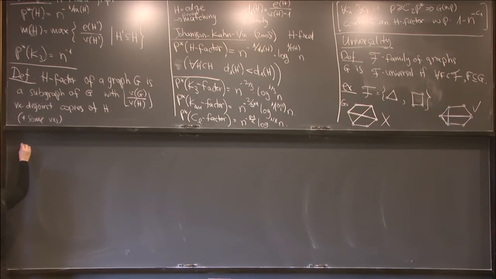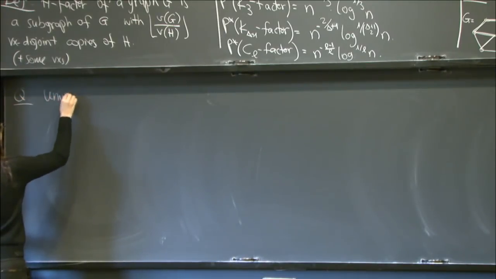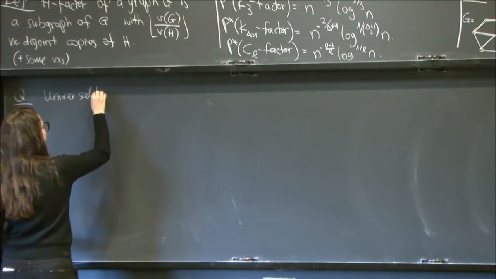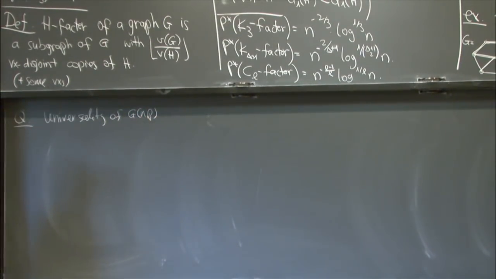So the main question we want to ask is about the universality of G(n,p). And we can think of families F, families of trees, families of cycles, many kinds of family. And the family that I want to consider is the family that contains all graphs on n vertices. And the only restriction I give is that they have some specific predetermined maximum degree.